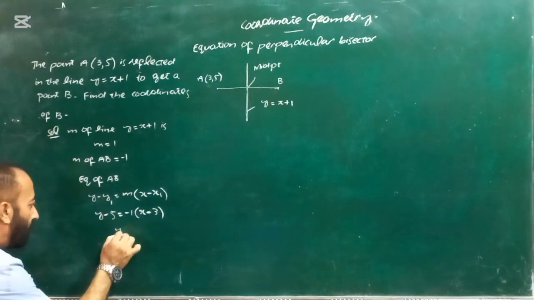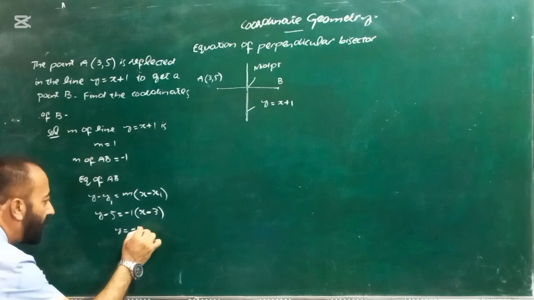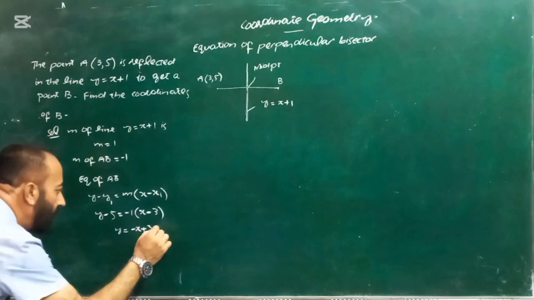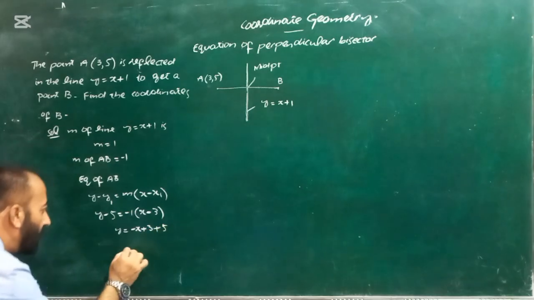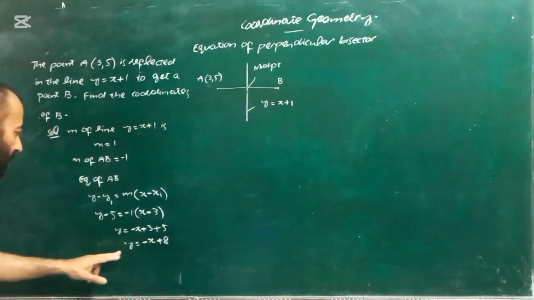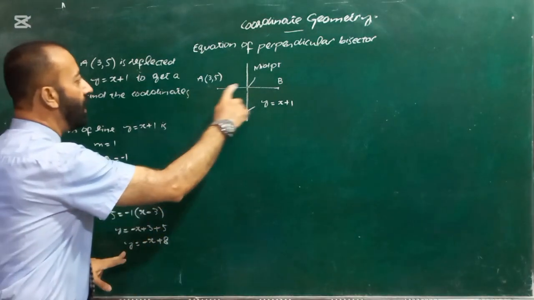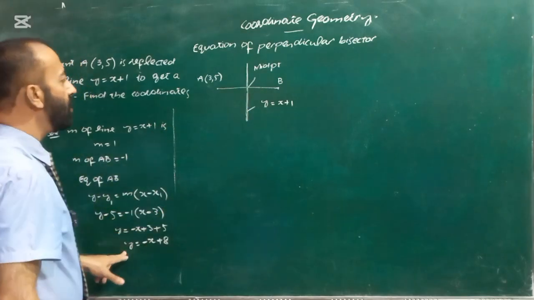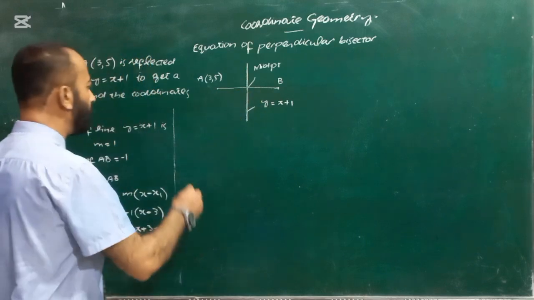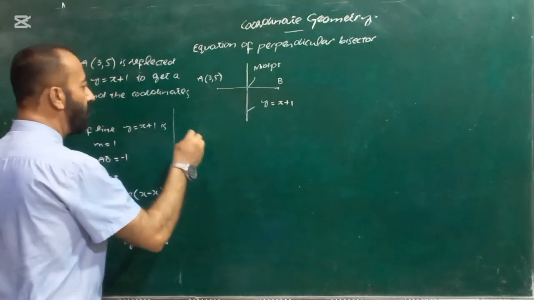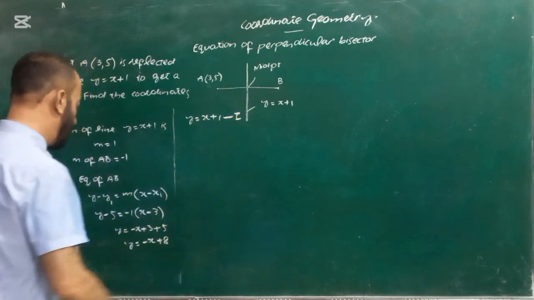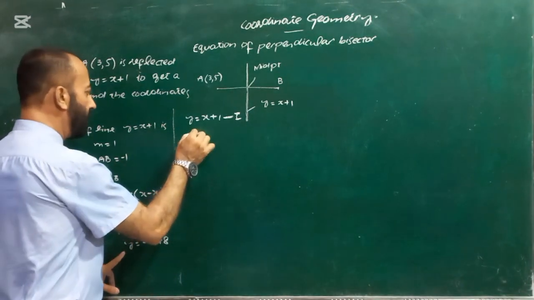From here y equals minus x plus 3, and this 5 will go to the right side. So y equals minus x plus 8. This is the equation of AB. Now we are going to find the point of intersection of this line and this line. One equation is y equals x plus 1, and the second equation is y equals minus x plus 8.